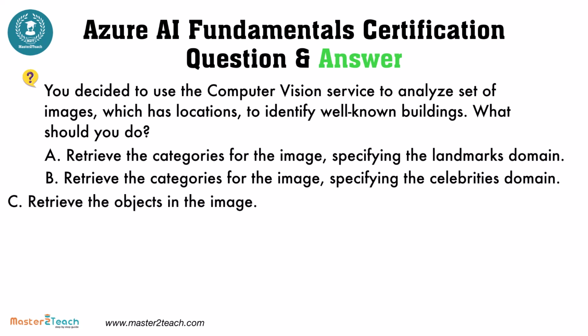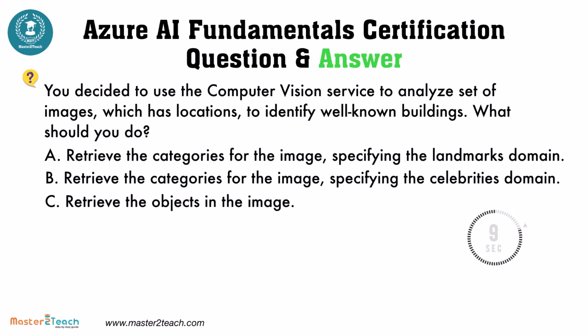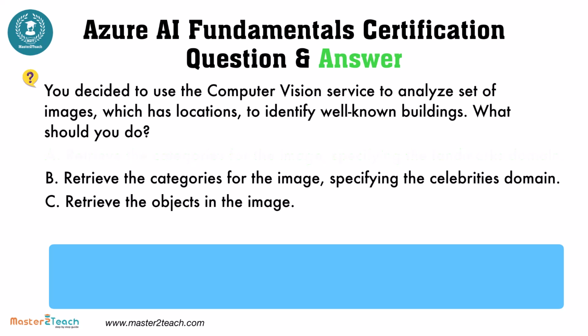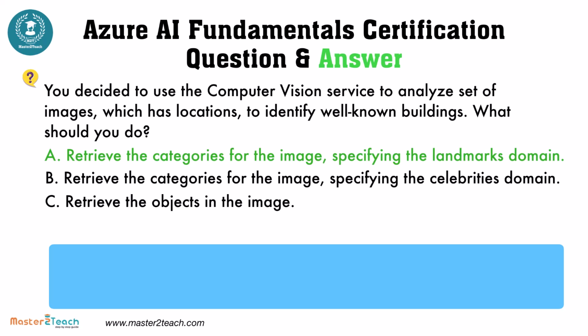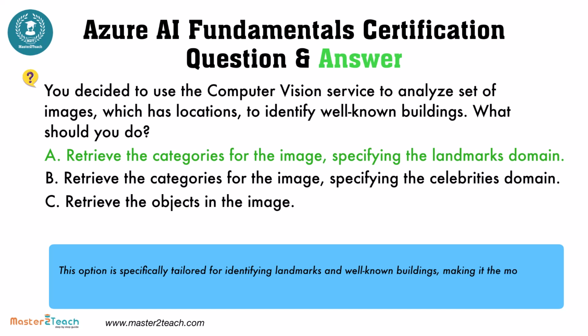C. Retrieve the objects in the image. The correct answer is to retrieve the categories for the image, specifying the landmarks domain. This option is specifically tailored for identifying landmarks and well-known buildings, making it the most appropriate choice for this task.